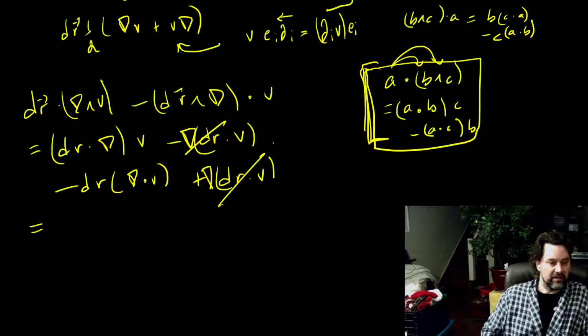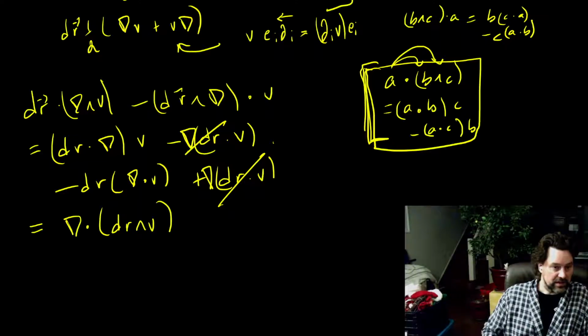We have dr wedge v, grad dot. So now we have grad dot dr times v, grad dot dr times v minus grad dot v times dr. Good. Okay, that's it.